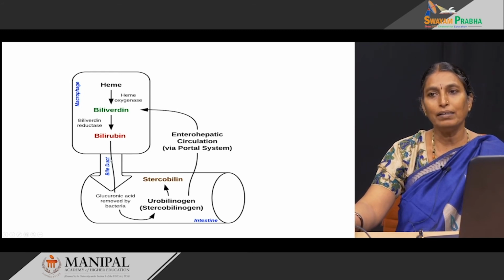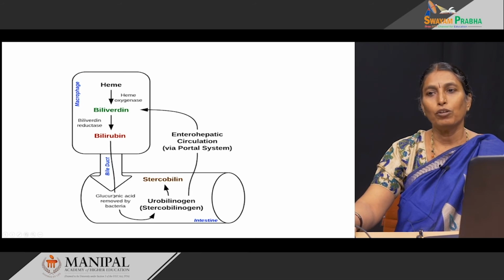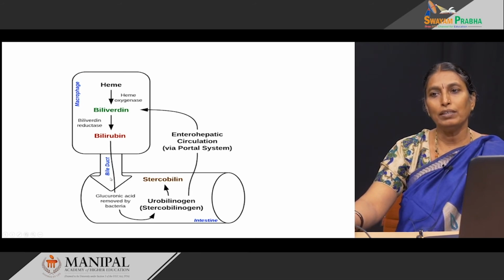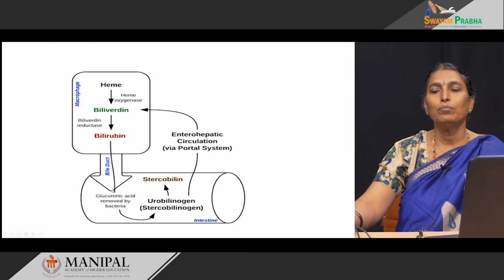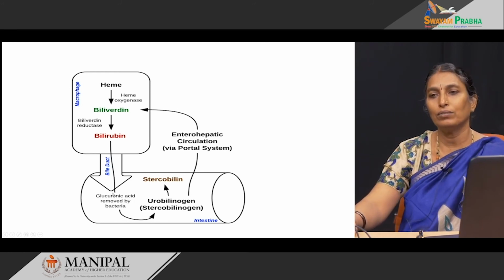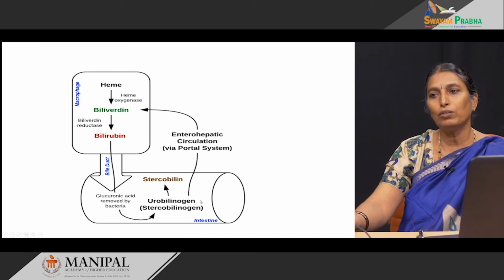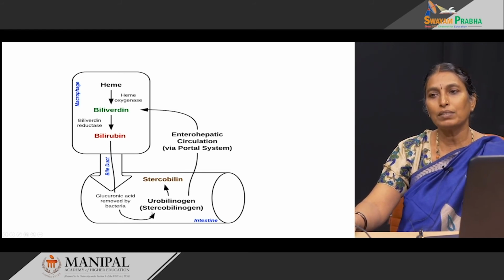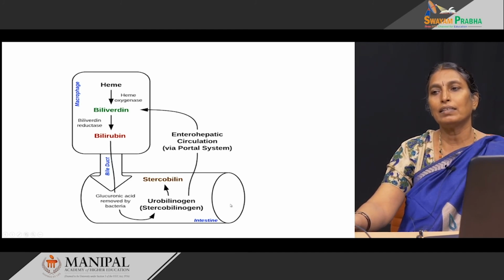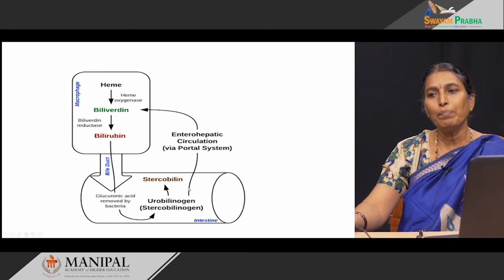From the bile duct it enters the small intestine, and from the small intestine it passes to the large intestine, or at the end of the small intestine and beginning of the large intestine, there the bacterial enzymes remove the glucuronic acid from the bilirubin monoglucuronide as well as diglucuronide. So, this bilirubin is converted first to urobilinogen, a colorless compound, which becomes stercobilinogen, and then it is excreted in the feces.